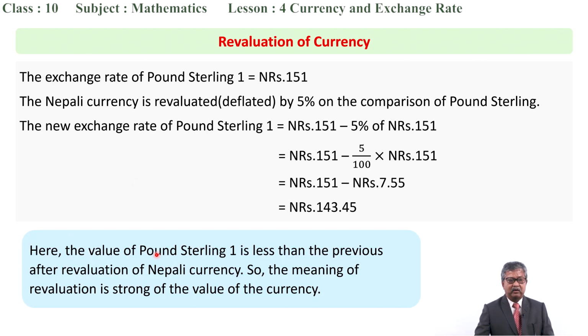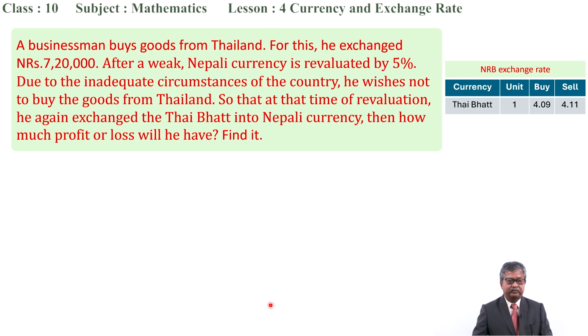So here the value of 1 pound sterling is less than the previous after revaluation of Nepali currency. So the meaning of revaluation is strengthening of the value of the currency. It means the Nepali currency is stronger than the pound sterling. Revaluation means that.